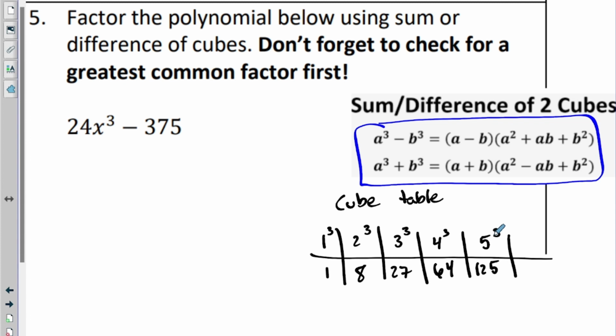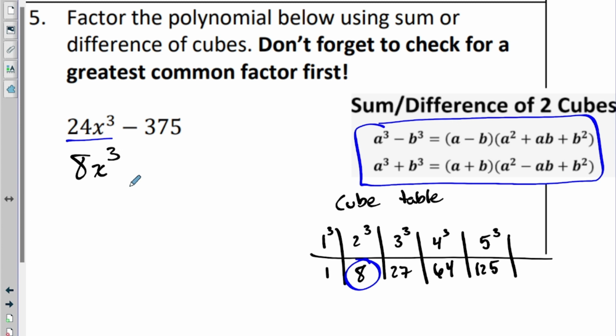What I'm really looking for is whether any of these go into this. And if I look, I see that 8 is in fact a factor of 24. So I want to turn this first term into 8x cubed, because that is a perfect cube: 2 cubed times x cubed, or 2x all cubed.